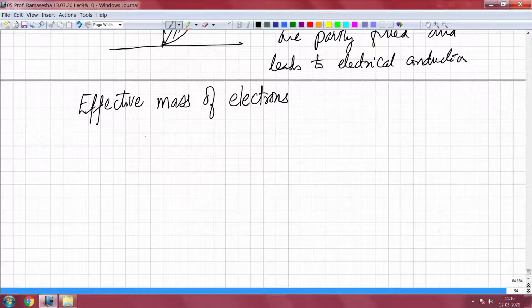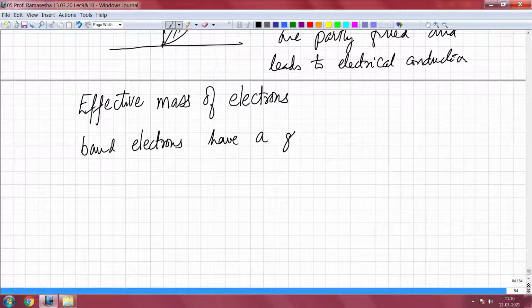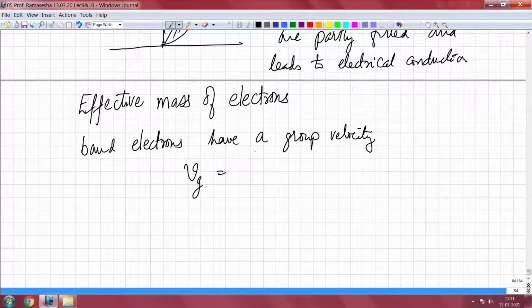Well, band electrons have a group velocity, because when you have more than one electron in the system, then the wave functions of these electrons will overlap, they form wave packets, and it is the individual wave packets that are moving, and the group velocity of this is given by Vg equal to 1 by h cross del E by del k, or is equal to del omega by del k.